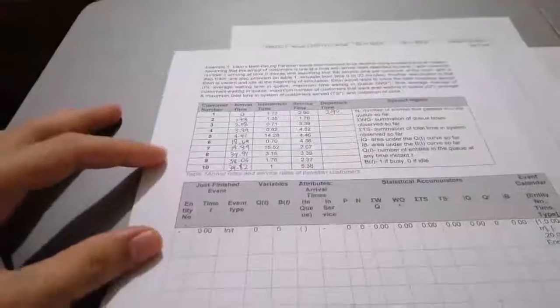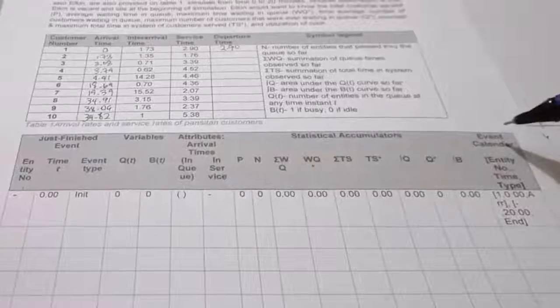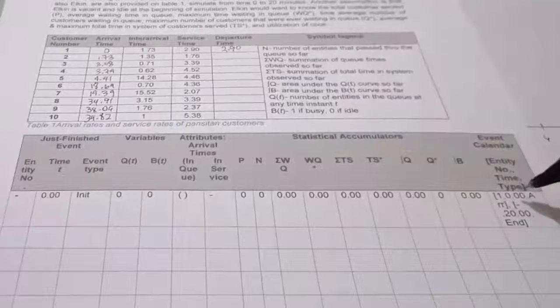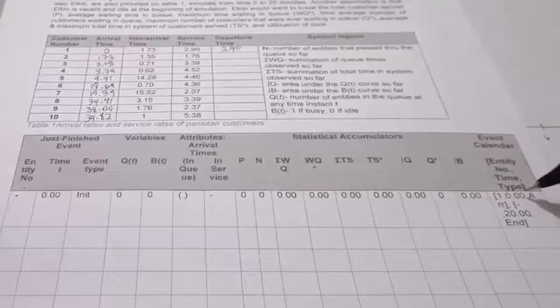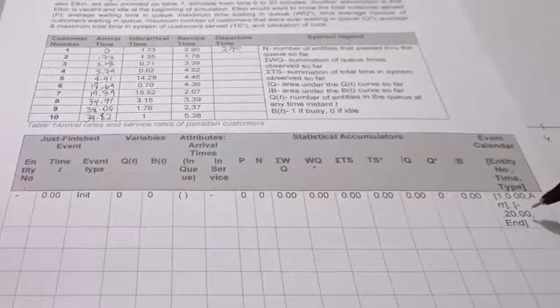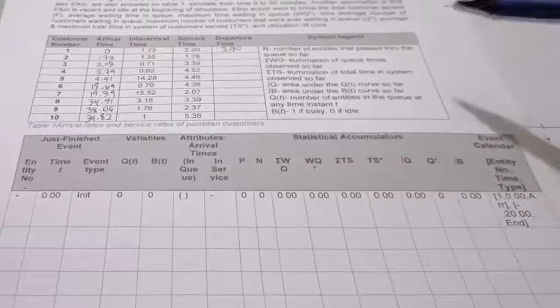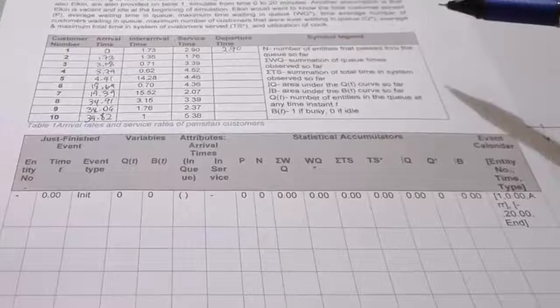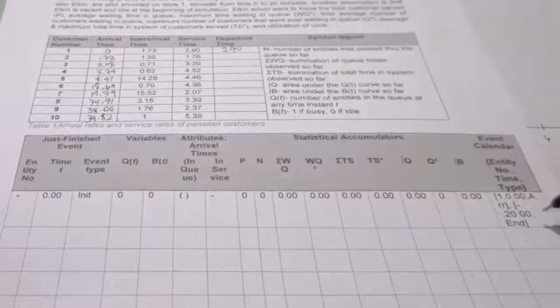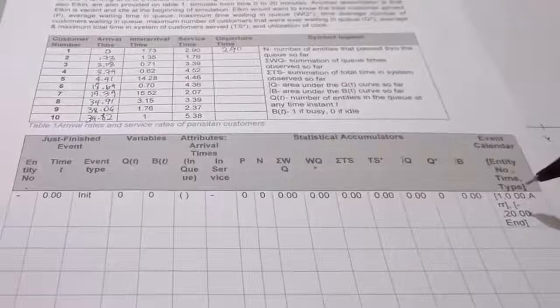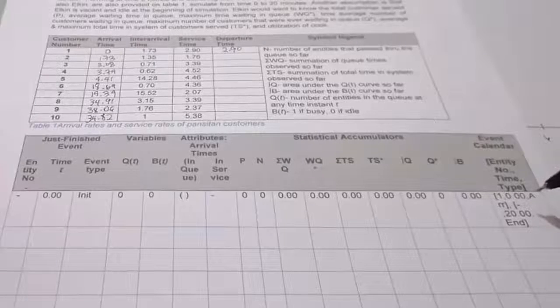We're now ready to do the simulation. Okay, just follow. Look at the event calendar. We have two values. One, 0.00 arrival. So this is the arrival of the first customer at time 0.00, in other words. And we also have the end event at time 20.00 based from our given facts and figures in the situation. So in executing the event calendar, we should be noting the chronological order of time.